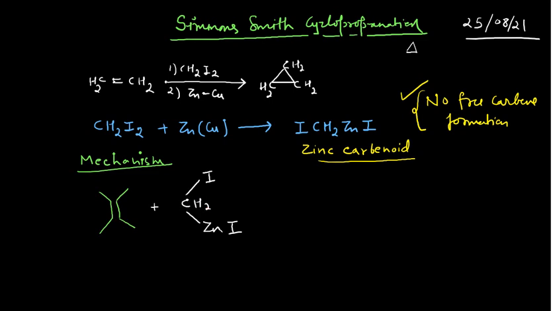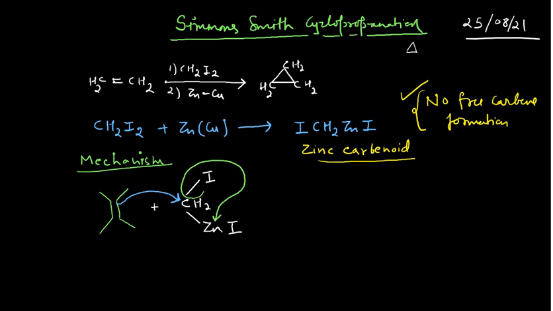So, how does the reaction mechanism go? I am drawing this mechanism here. This electron density, the pi electrons, will attack this CH2 group, and the moment this happens, this I along with its electron pair will attack the Zn.